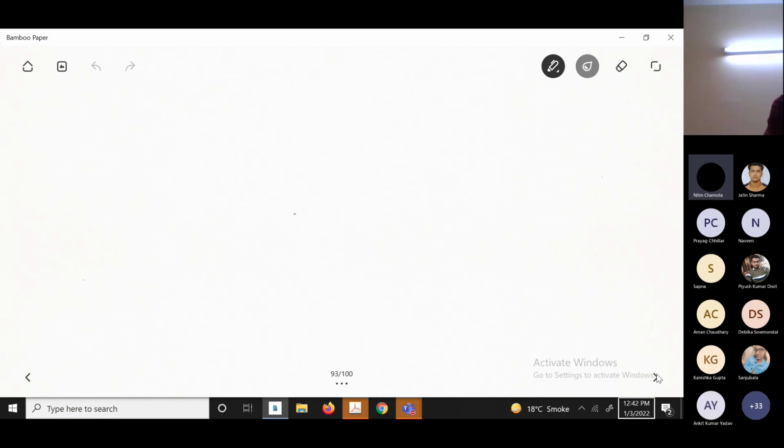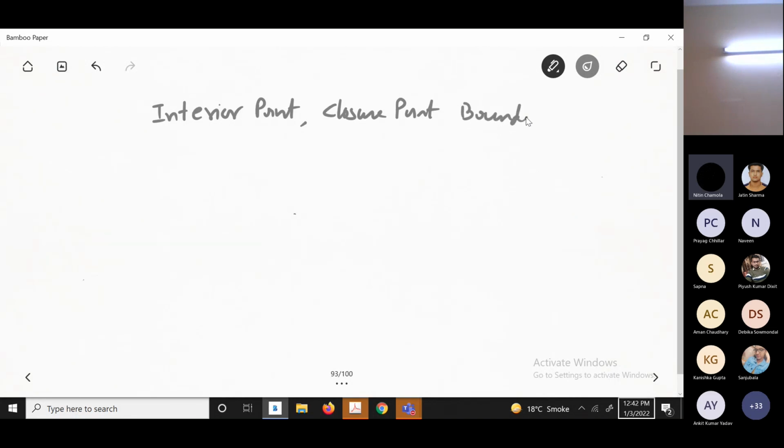So now I am going to define interior point, closure point, and boundary point. These points you should understand. And here is a special point, accumulation point. If you want to understand topology, you will have to understand all these points.